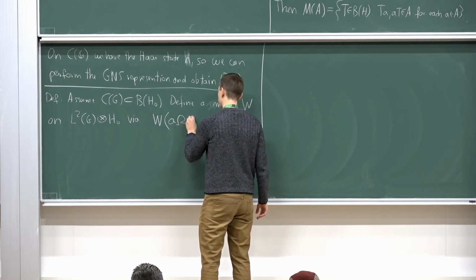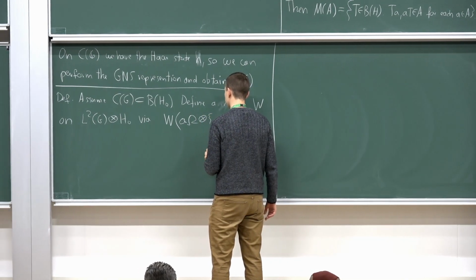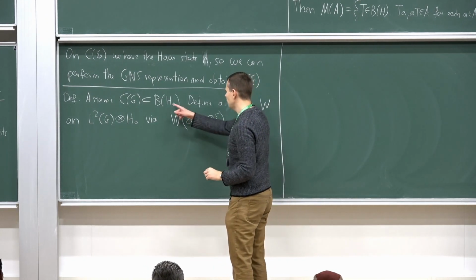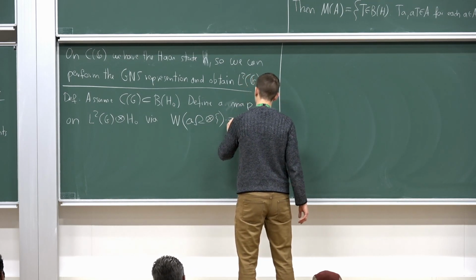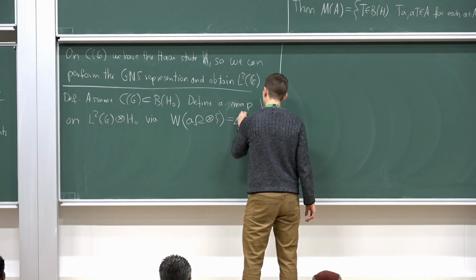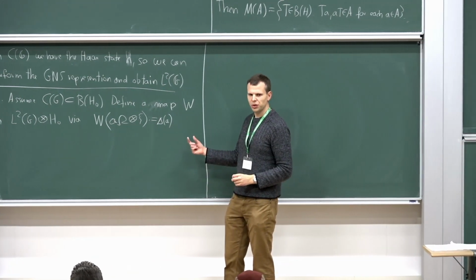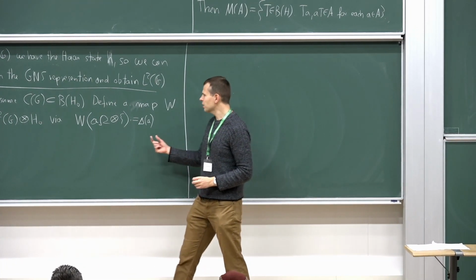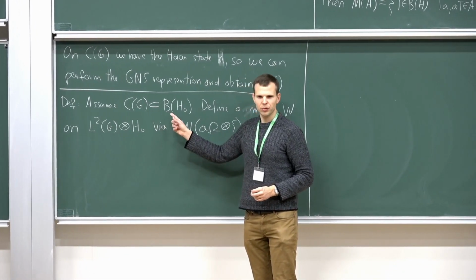And then we have some other vector psi in H0. And by definition, we apply the co-multiplication. This will be in C(G) tensor C(G), so it acts both on L2(G) and on H0 by assumption, right?